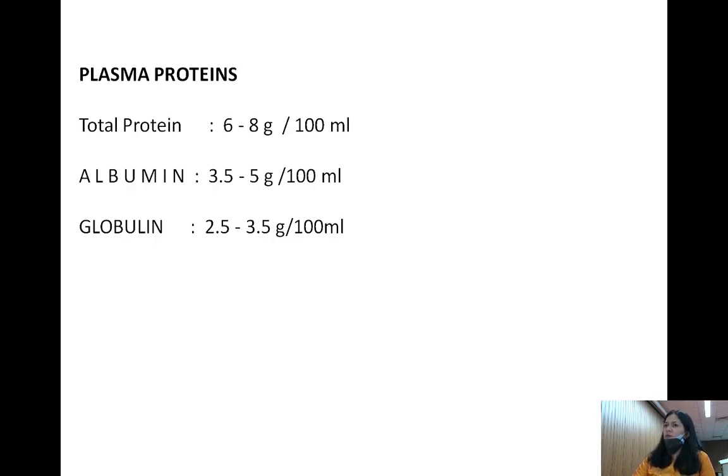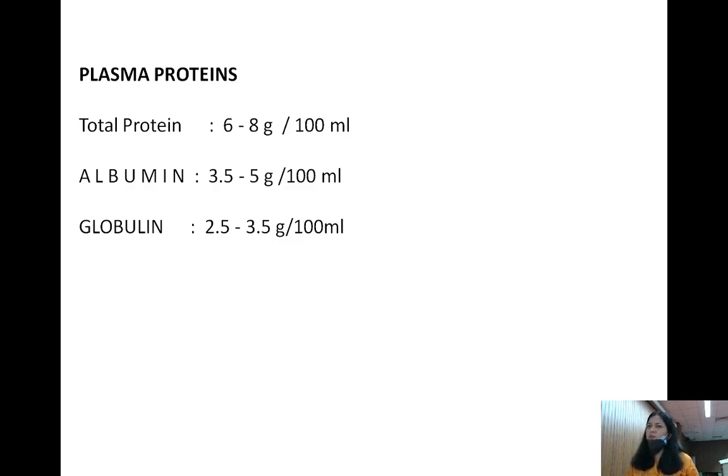Clear? So the total protein concentration in the blood, remember, is around 6 to 8 gram per cent, the normal value. Albumin, the normal value is around 3.5 to 5 gram per cent. Globulin concentration is less in the plasma; the normal value is between 2.5 to 3.5 gram per cent. Clear?